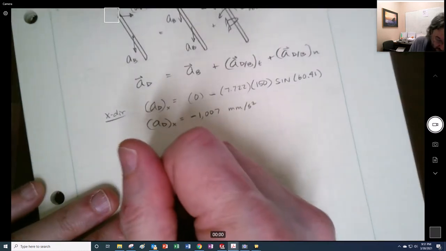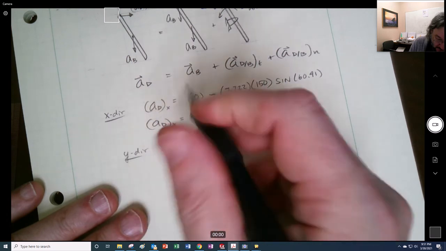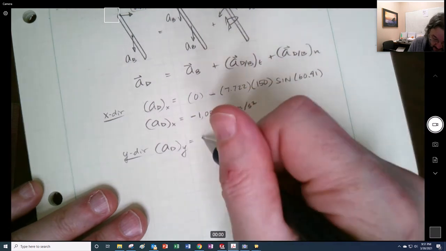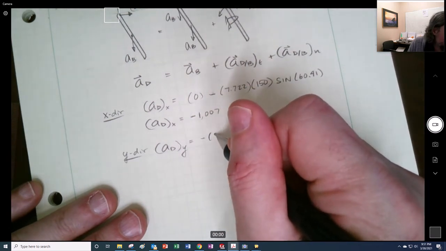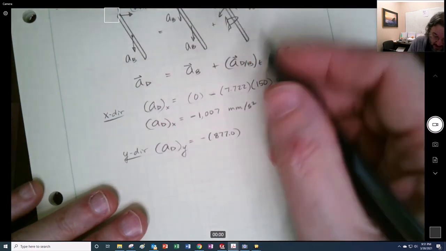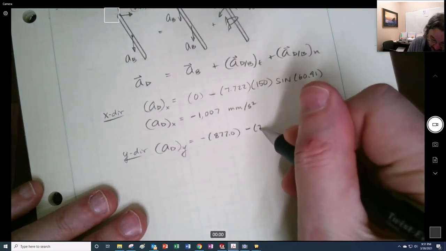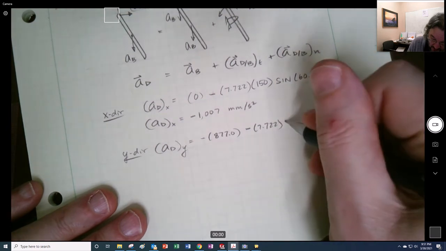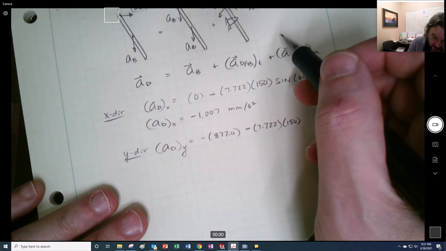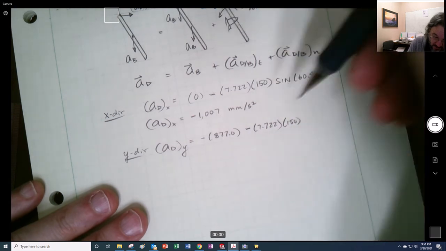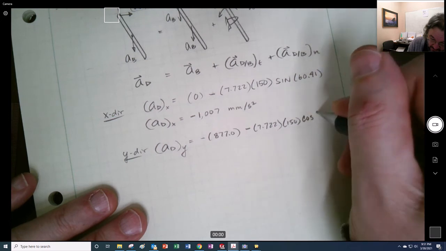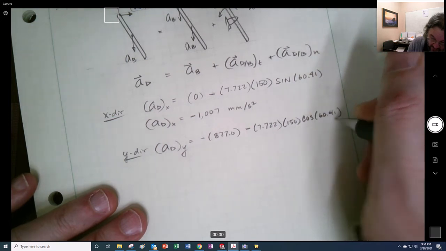And then we go into the y direction. ADY is going to be equal to a negative 877. It's going down. And then this one is also going down. It's going to be negative 7.722, 150, and now it's going to be, yes, going down. Okay, the cosine, yep, of 60.41.